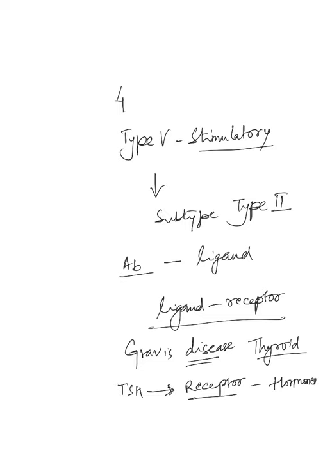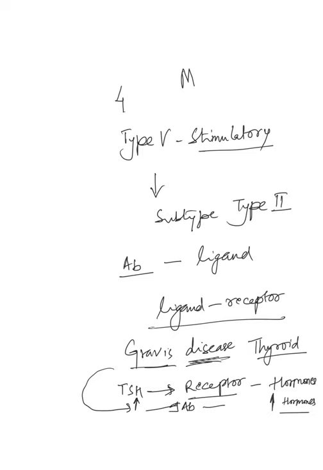But in Graves' disease, antibodies are formed which can mimic TSH, and they can bind with the receptor, thus mimicking TSH and leading to excessive secretion of the hormones. As a result, Graves' disease happens because of hypersecretion of these hormones.